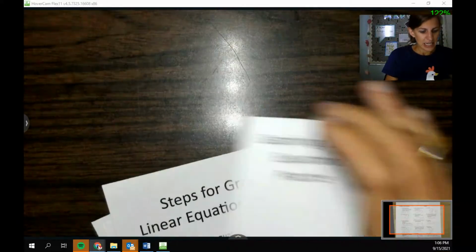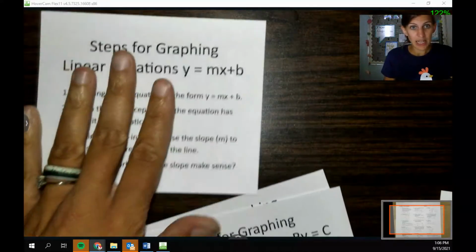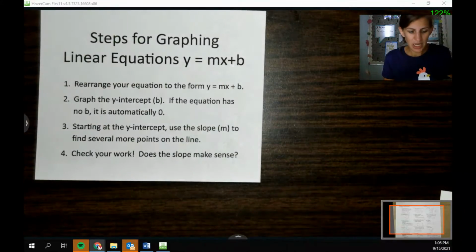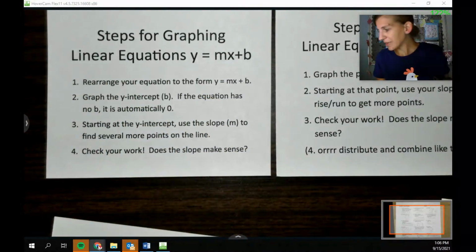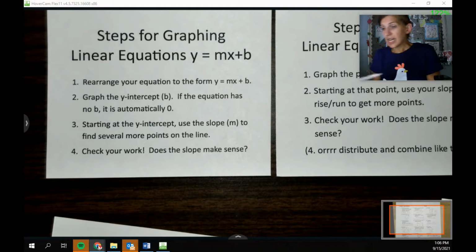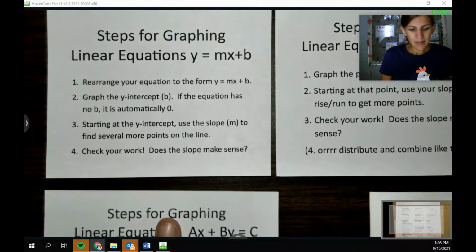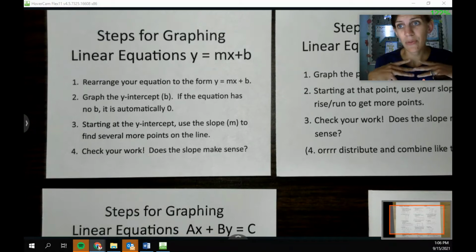All righty. So you're going to want to make sure that you are paying close attention to the equations specifically. So when we are talking about graphing lines, there are kind of three main forms that a line can be in. And depending on the form that you're in, you're going to graph a different way.